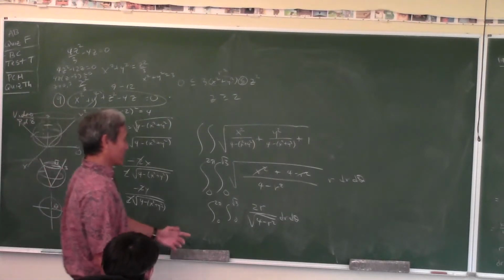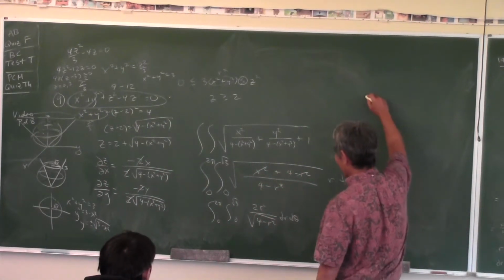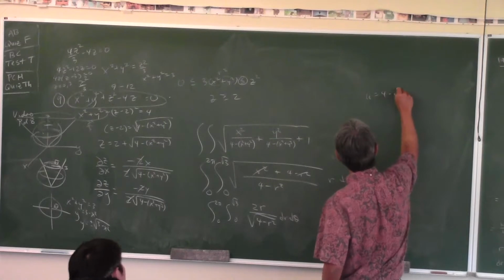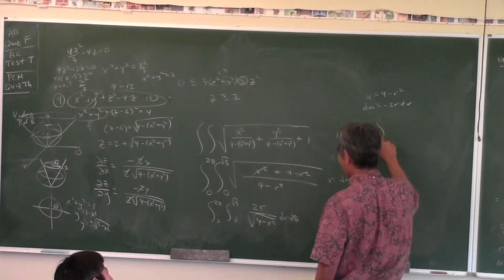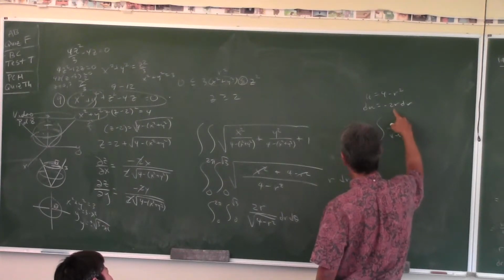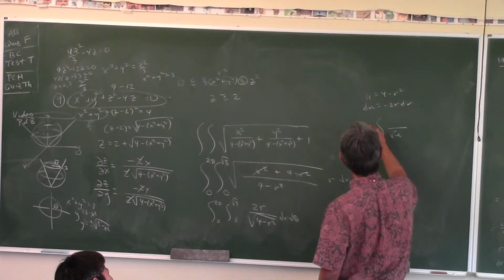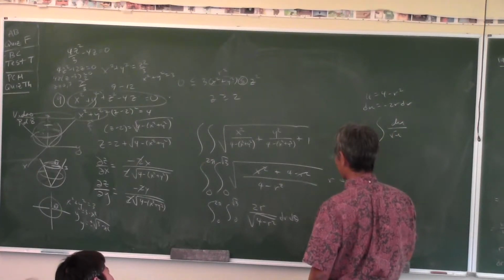Okay, shall we just do it for funsies to see if it matches the answer in the book? Yes. Okay, so if u equals 4 minus r squared, du equals negative 2r dr, so that integral becomes root u on the bottom. 2r dr is simply negative du. And then what are my new limits of integration?